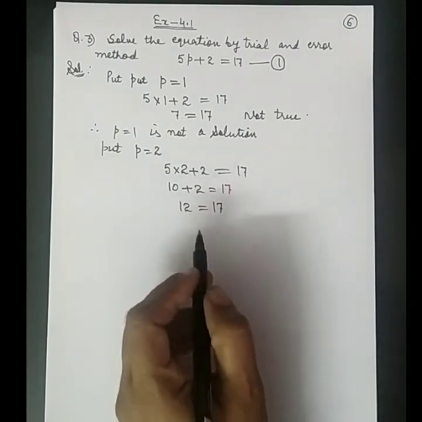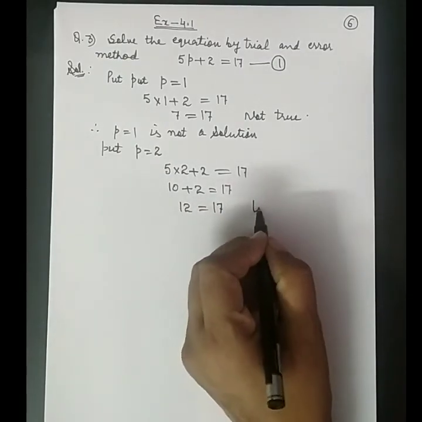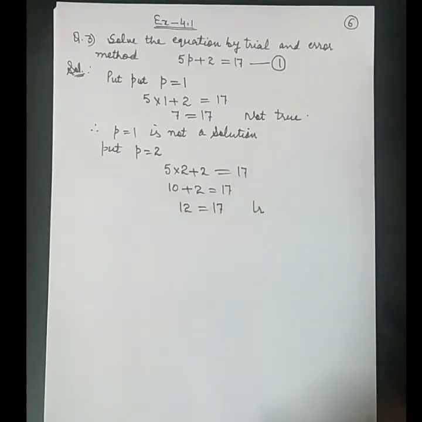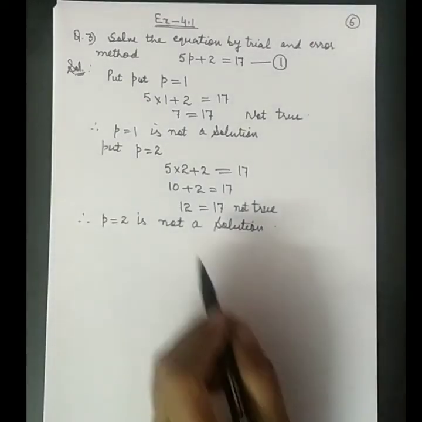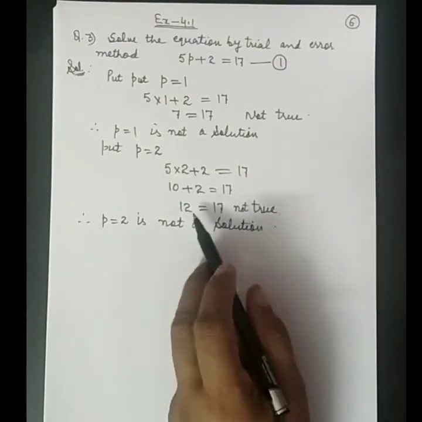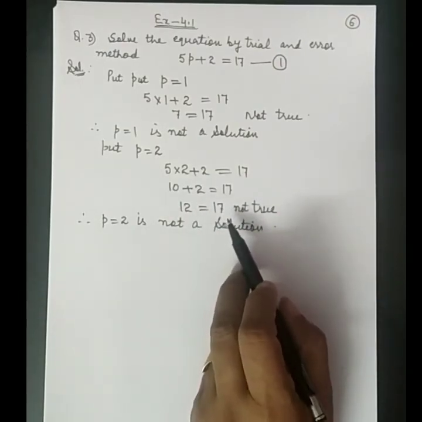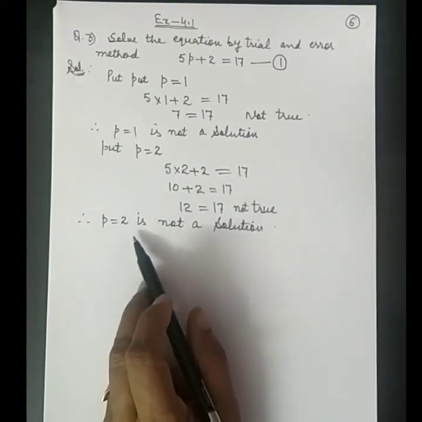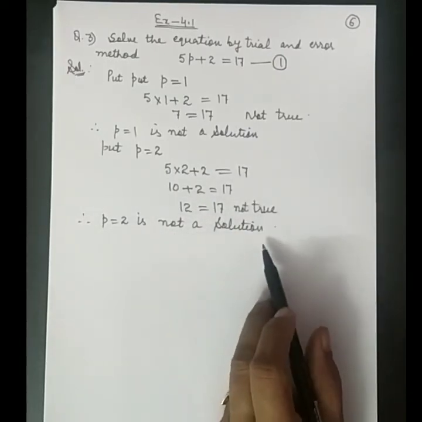And right hand side is 17. Is it true? 12 is not equal to 17. It is not true because both the sides are unequal. So p is equal to 2 is not a solution.